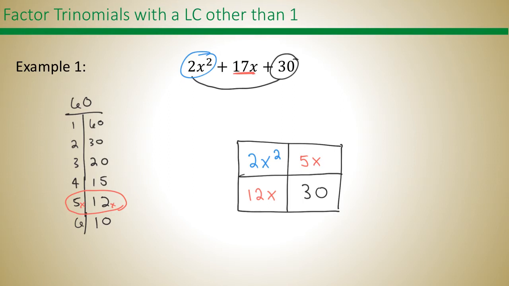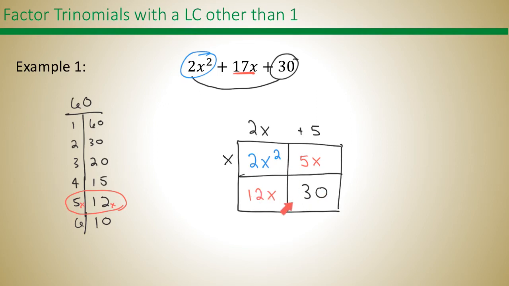These two boxes right here both have 2x. These two boxes right here can both be divided by 5, so I'm going to put plus 5 there. These two boxes right here both have x.